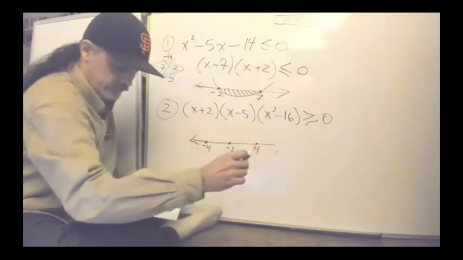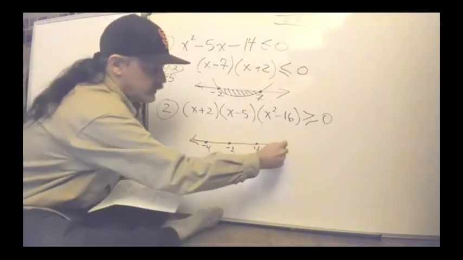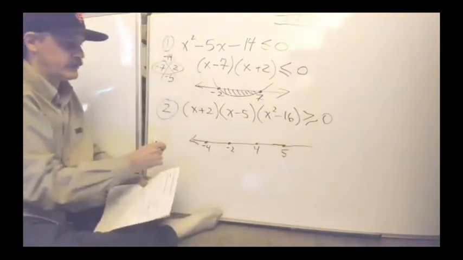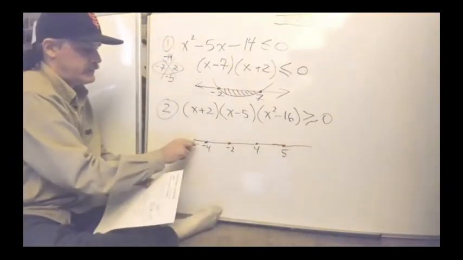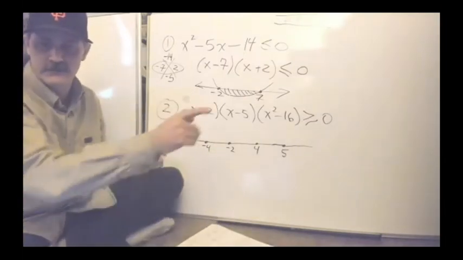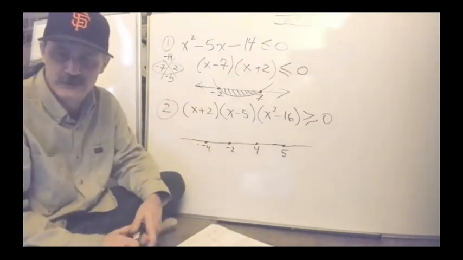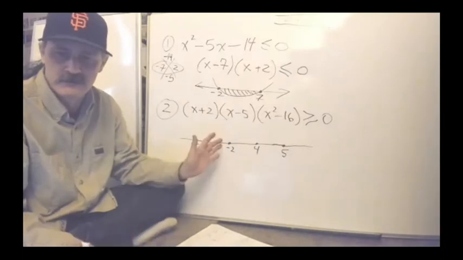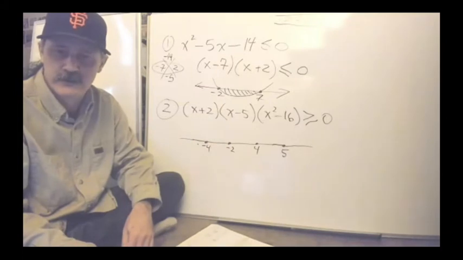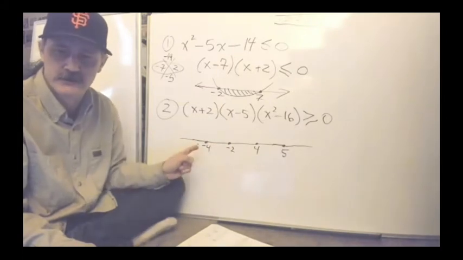And then after I go over this using test points, I'll point out how you could figure out the leading term and then the end behavior based upon the leading term, and then also the multiplicity, and we'll do that too. But let's just assume we don't do that, all right? So we have no idea what this graph looks like, but we know those are the x-intercepts.